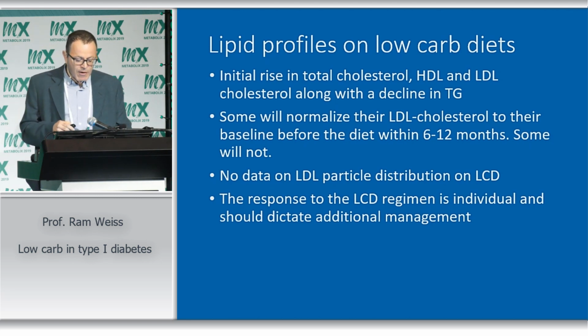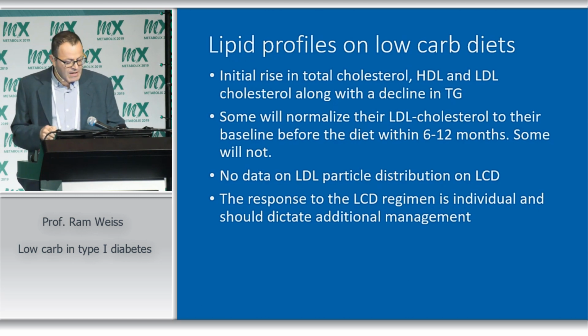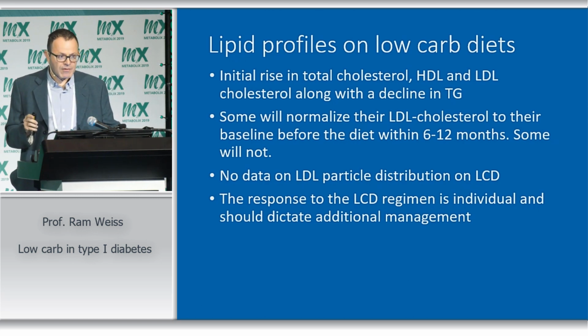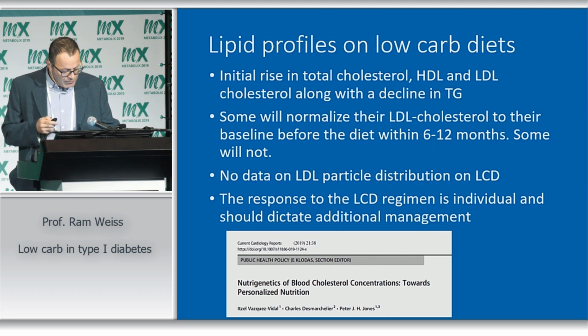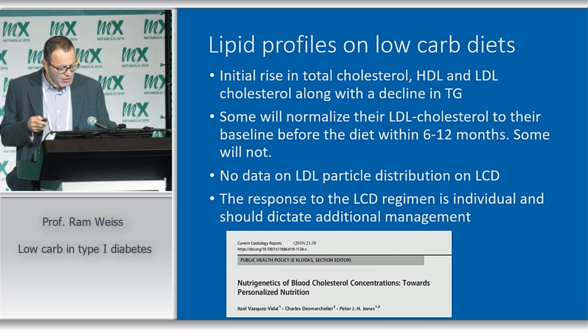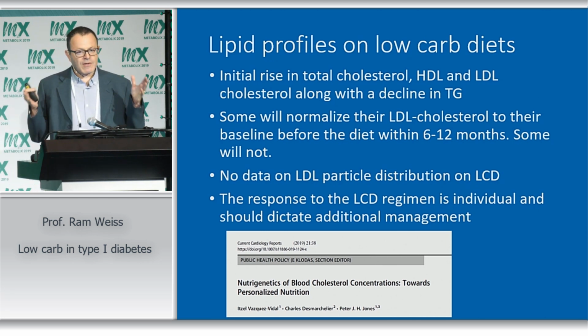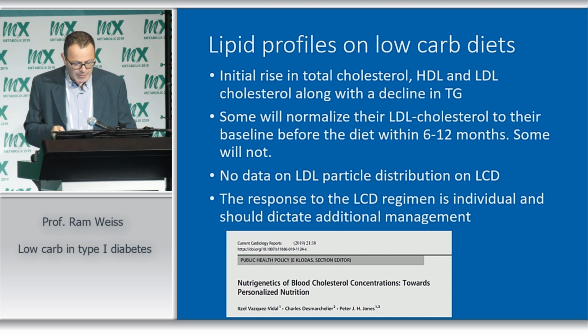The response to a low-carb regimen is individual and should dictate additional management. This has to be done under supervision. And if somebody wants to read this, I was showing the reference about the nutrigenetics of blood cholesterol concentrations towards personalized nutrition, how different diets in the same patients get totally different results.